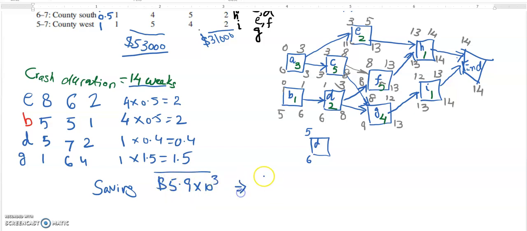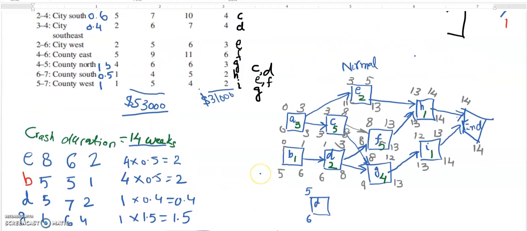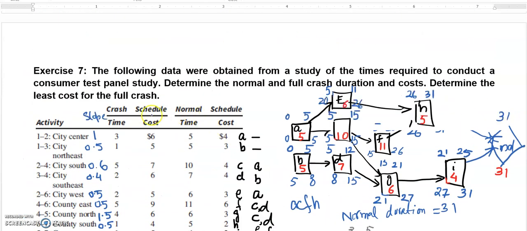So it means that what I actually wanted to find is to determine the least cost for full crash.